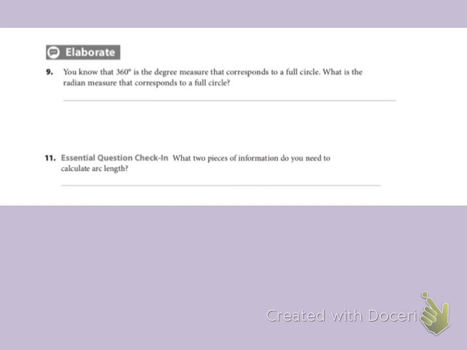And to wrap up, let's take a look at these questions. So you know that 360 degrees is the degree measure that corresponds to a full circle. What is the radian measure that corresponds to a full circle? Well, if I took this 360 degrees and I want to convert it to radians, I'll use the one that has pi on the top.